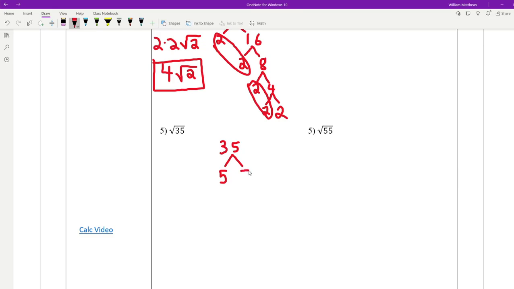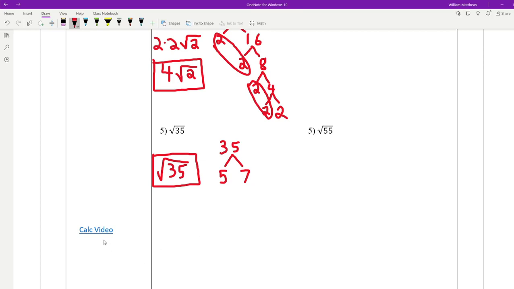Now this would be 5 times 7. Both of these numbers are prime. I cannot divide 7 anymore, and I cannot divide 5 anymore. I do not have a pair of numbers. So in this case, the square root of 35 is in its simplest form. I cannot break it down any more than what it already is.